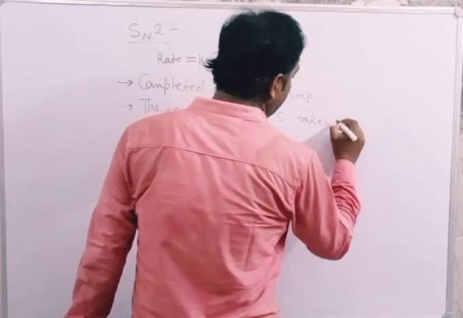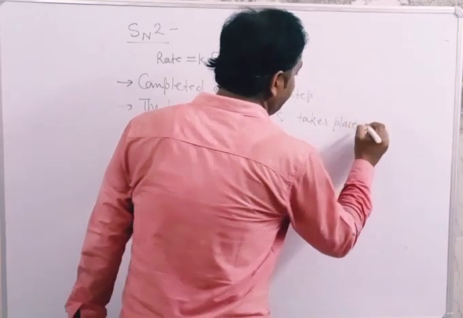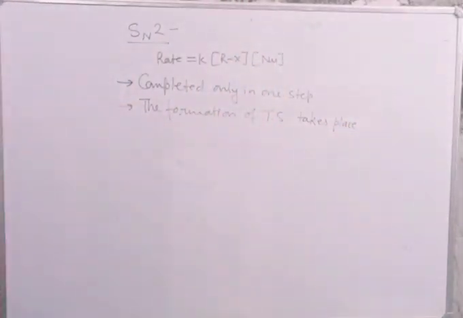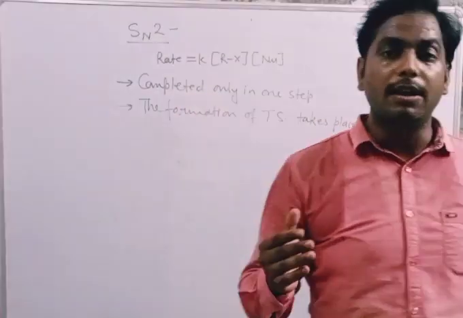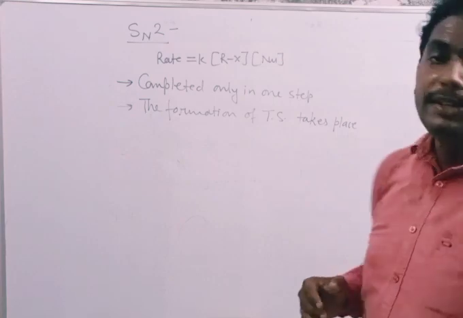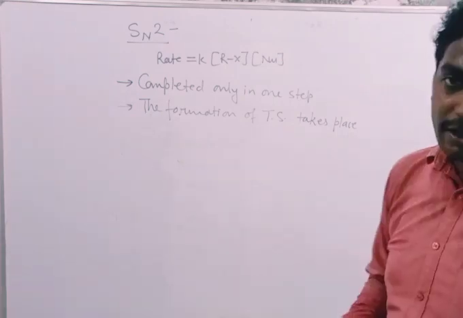What is the transition state? A state in which bond breaking and bond making take place simultaneously. This is called the TS, a transition state.